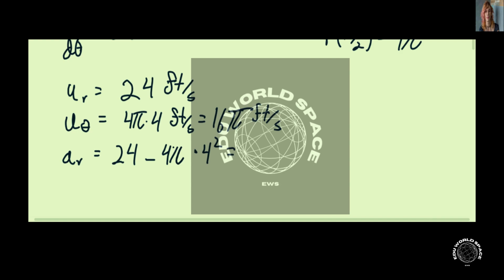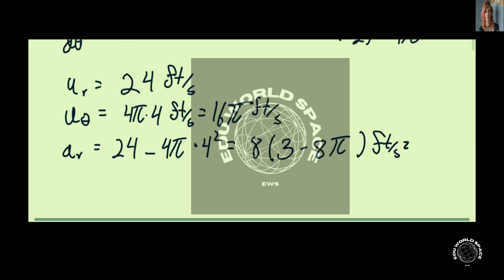We can actually factor an 8 out of here. So we pulled a 4 out of here and a 2 out of here, so that's another 2 times 4, which is another 8. So 8 times 3 minus 8 pi, and that's feet per second squared.